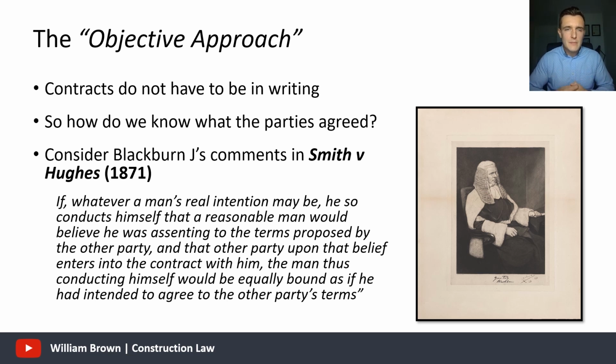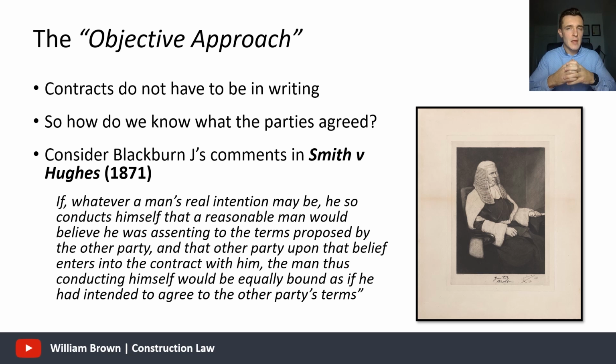So what the courts will do when asking themselves that question as to what did the parties mean by their agreement, or what did they intend to mean, they use what's known as the objective approach. And quite simply, the courts will not put themselves into the shoes of either of the parties to the contract. They don't look at their subjective state of mind. They don't look at their subjective intentions. They look at their objective intentions.